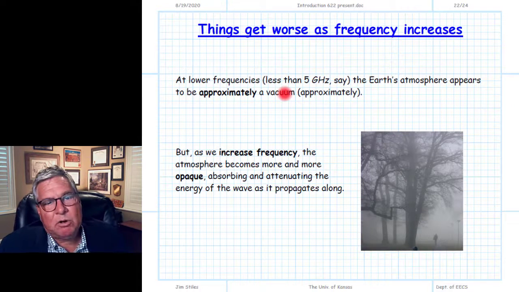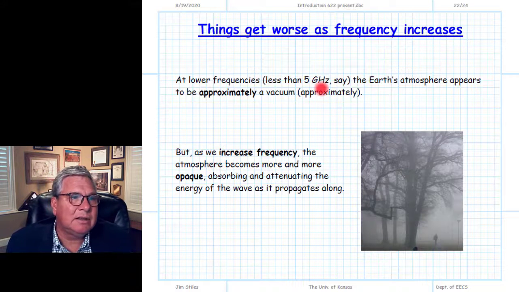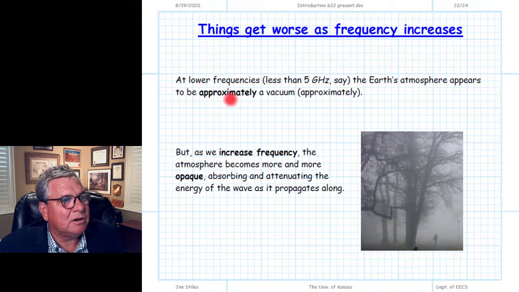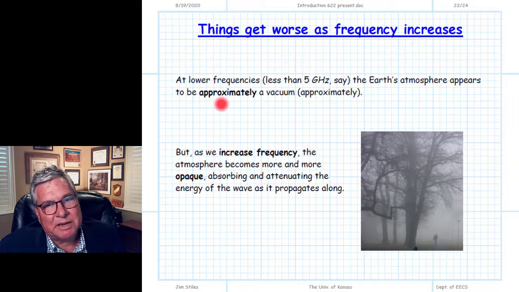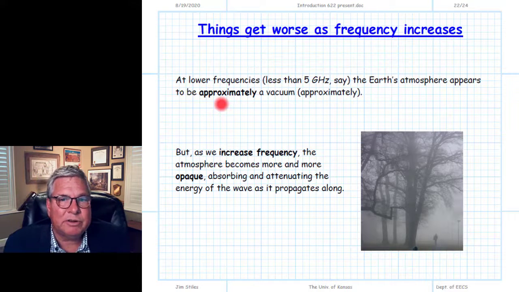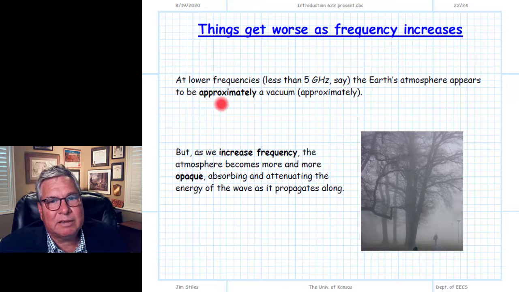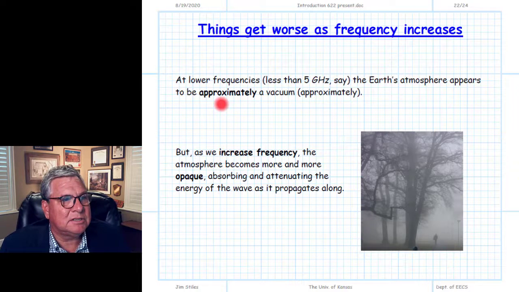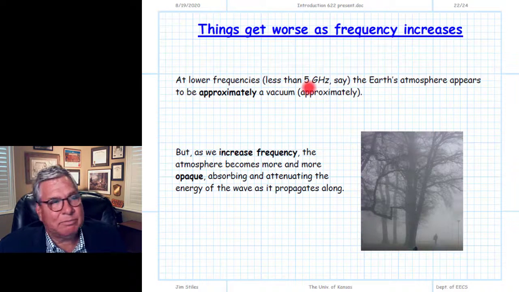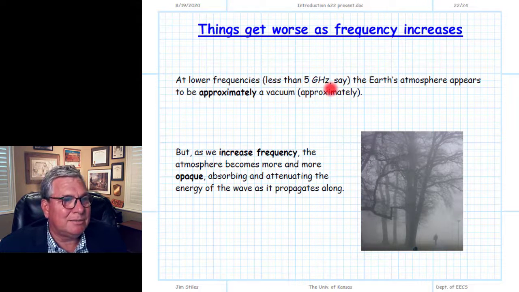If we stay below 5 gigahertz, and that would be, again, 5 billion cycles per second, then the Earth's atmosphere almost always appears to be approximately a vacuum. You don't have to worry too much about interaction of the electromagnetic wave with the atmosphere itself. And of course, that's a large amount of spectrum. 5 gigahertz, 30 or 40 years ago, was probably all you needed.